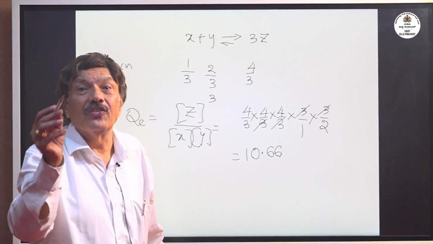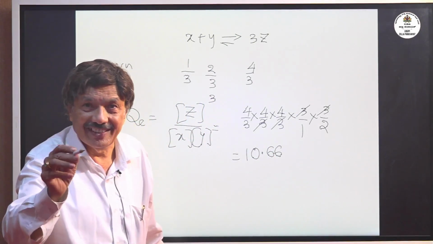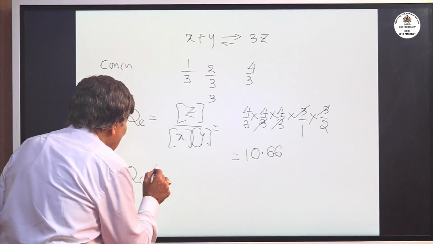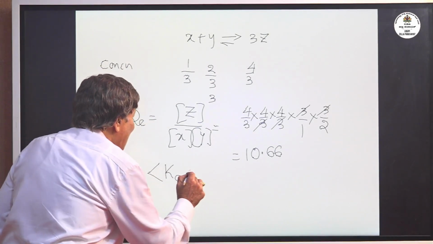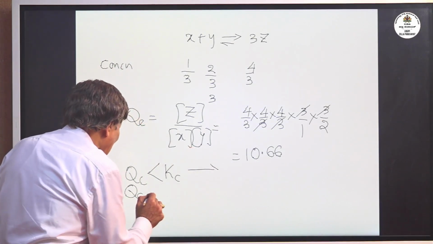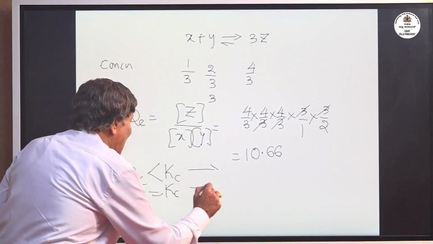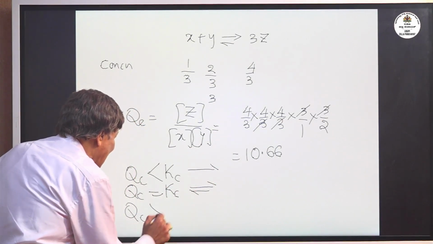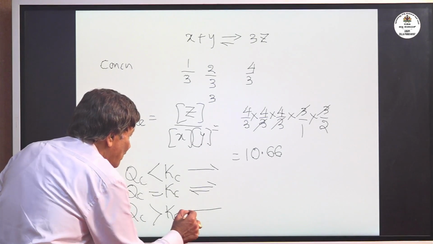When the value of QC is 10.66, see here, when QC is less than KC, reaction proceeds in forward direction. If QC is equal to KC, reaction is at equilibrium. If QC is greater than KC, we can expect backward reaction.